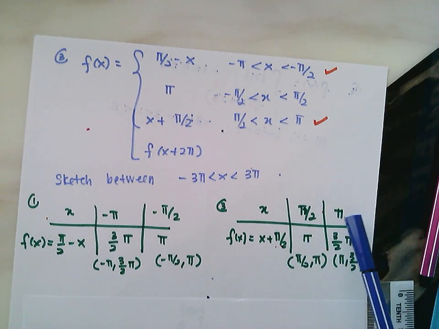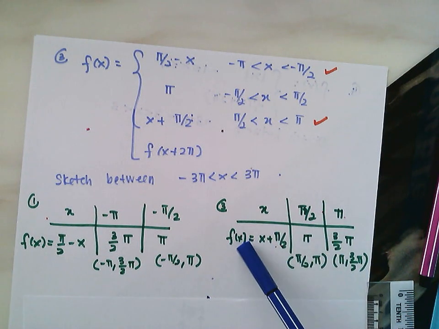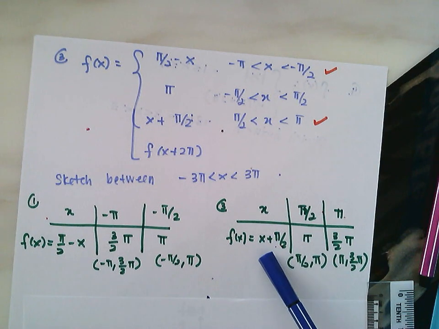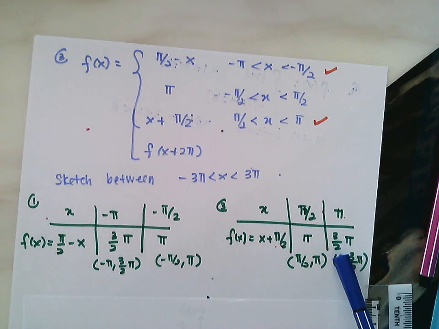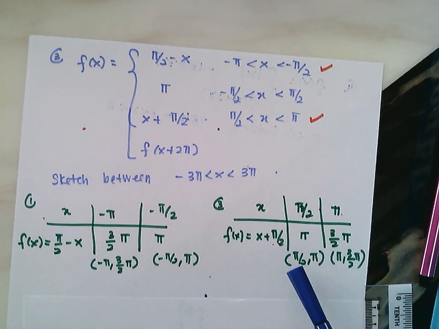For the next one, when x is equal to pi, so pi plus pi over 2, then you will have 3 over 2 pi. So therefore you will have another two points of coordinates. Now you are going to plot all these coordinates on your graph.